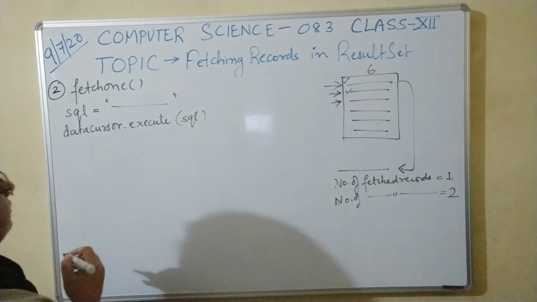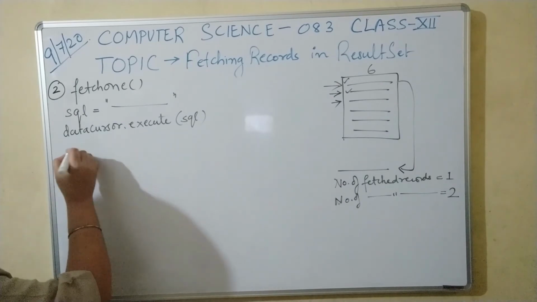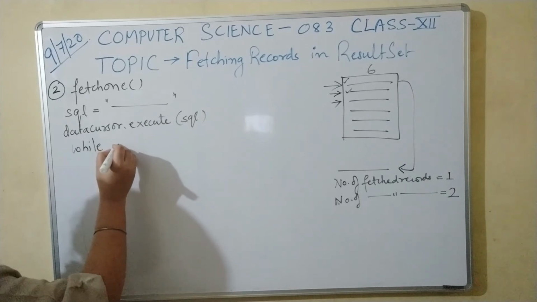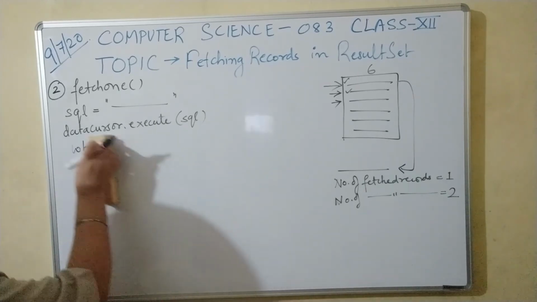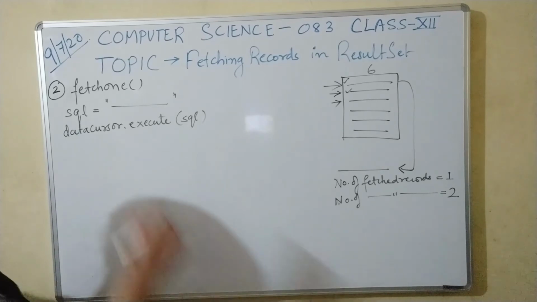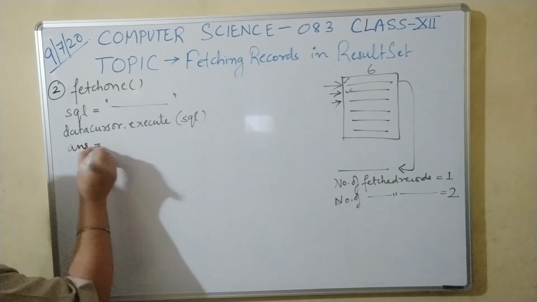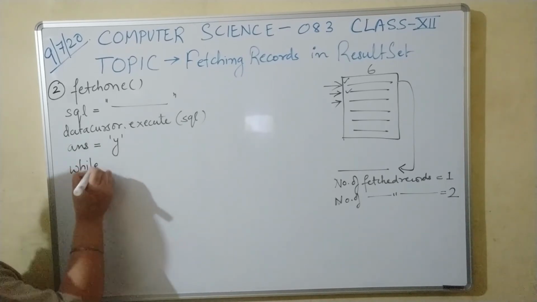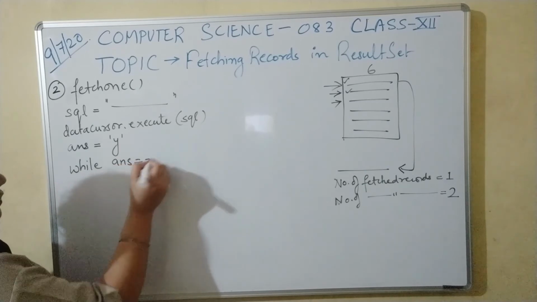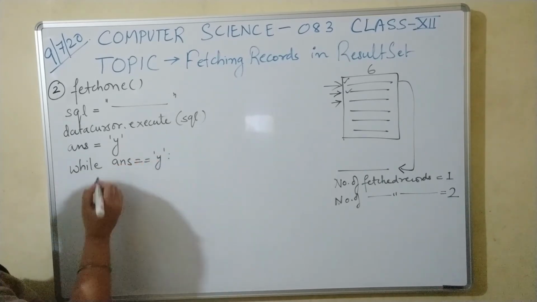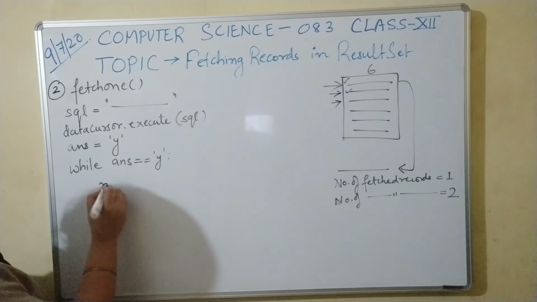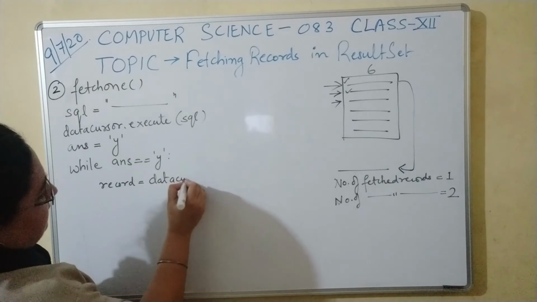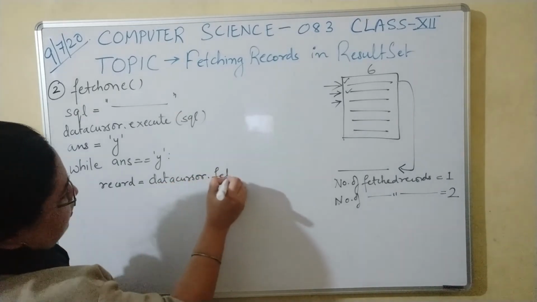Now we need a stopping condition for while, so I will use ans equals y for the time being, and I'll write here while ans is equal to y, and record equals data cursor dot fetchone.